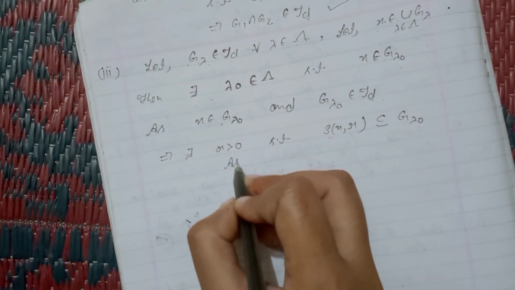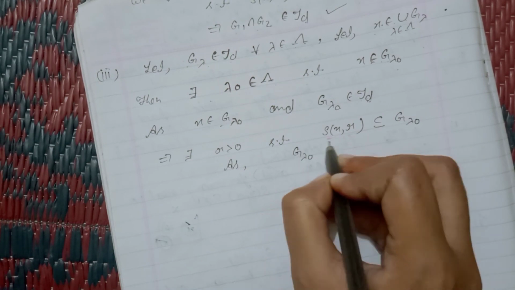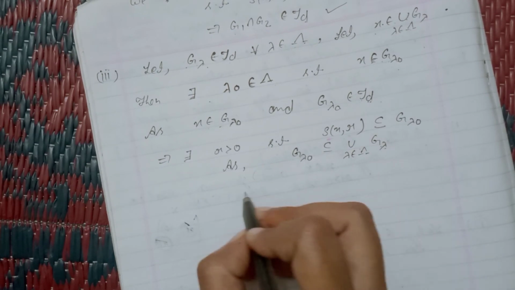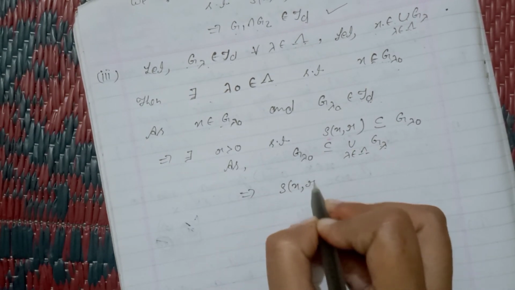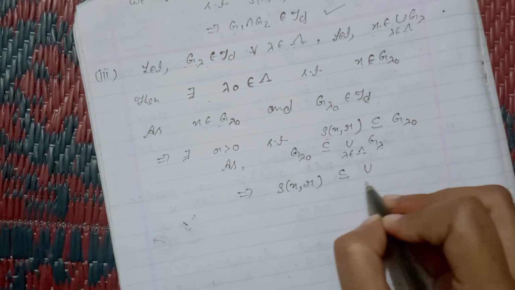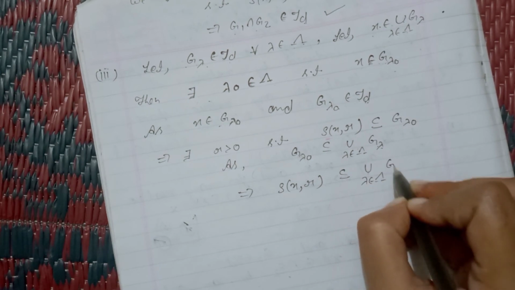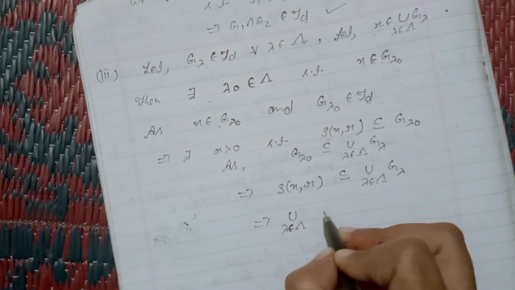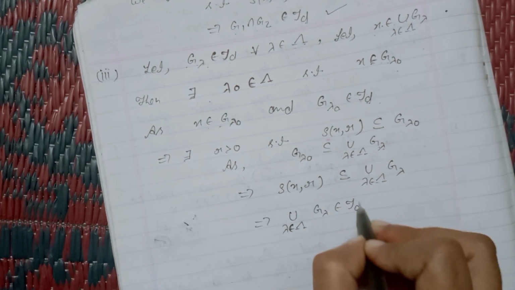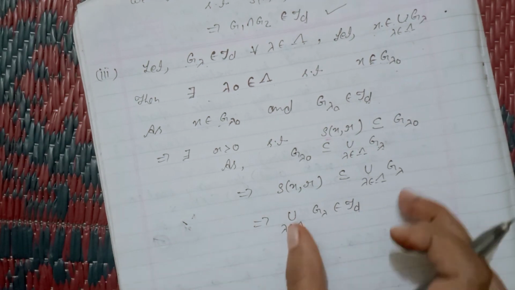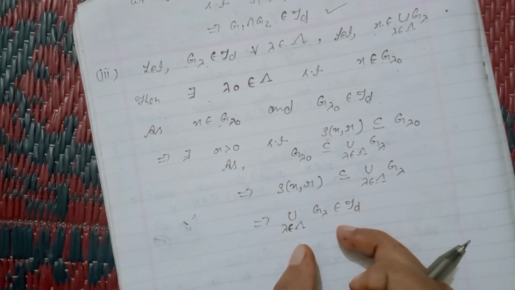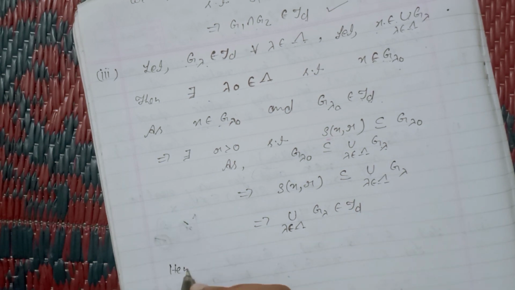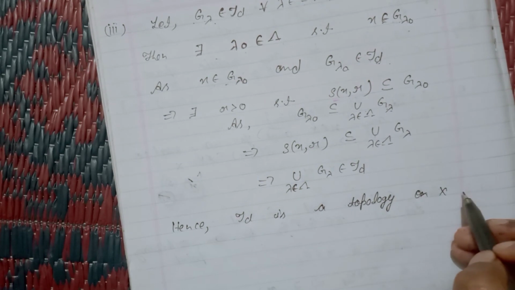As G lambda naught is contained in the union of G lambda over lambda in capital Lambda, this implies that S(x,r) is contained in the union of G lambda, which implies that the union of G lambda over lambda in capital Lambda belongs to Td, right students? Hence Td is a topology on X.